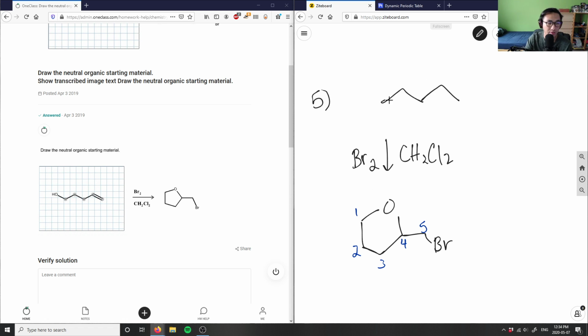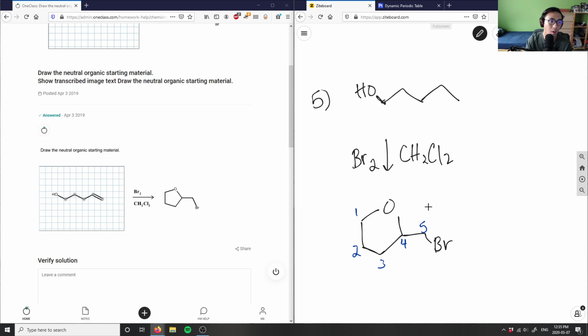I know that one of these ends has to have an oxygen, right? And if I were to break up this heterocyclic ring with the oxygen, I'm going to get an OH group. So I can safely say that this position has to have a hydroxyl group. And then finally, if I want a bromine here, what would I have to get in my starting material?